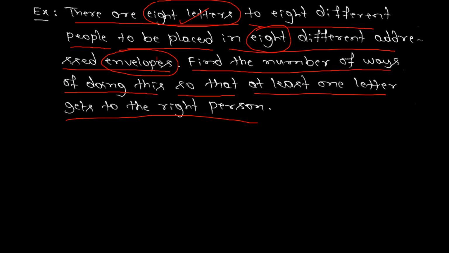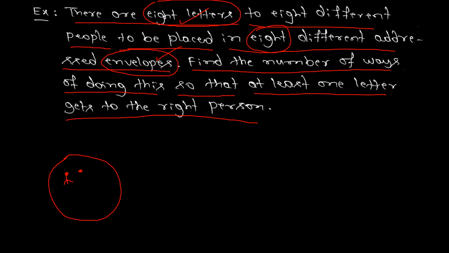So here we have 8 letters to be put in 8 different envelopes. There are many possibilities. Let us take the first set of all possibilities. Here no person is getting a right letter.